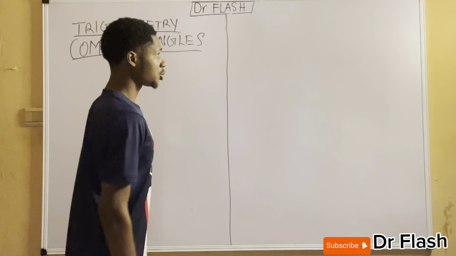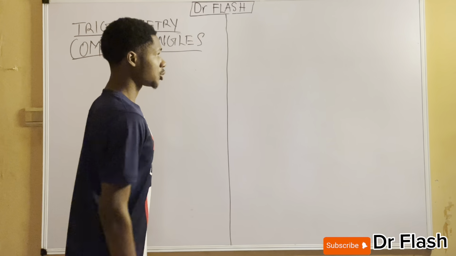Please take note that the diagrams are not being drawn to scale, or we are making an assumption. So draw something like this, and then like this. Now here is perpendicular to the other end.